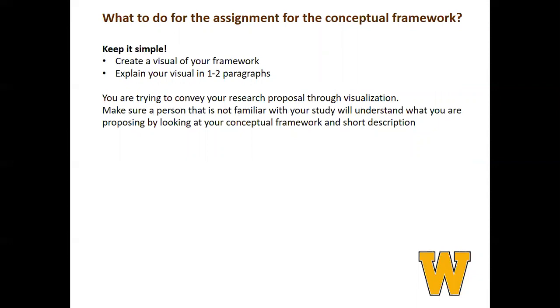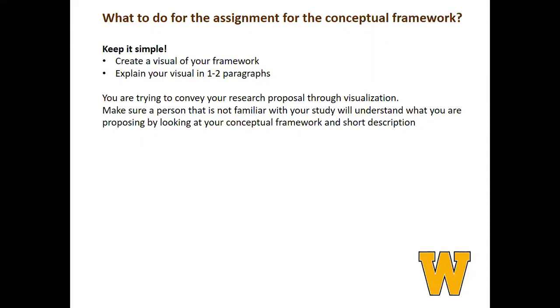So what do you do for the assignment for a conceptual framework? Well, I always try to help you think about this as a tool so that the reader can very easily understand your framework for your research study. So I advise to keep it simple.